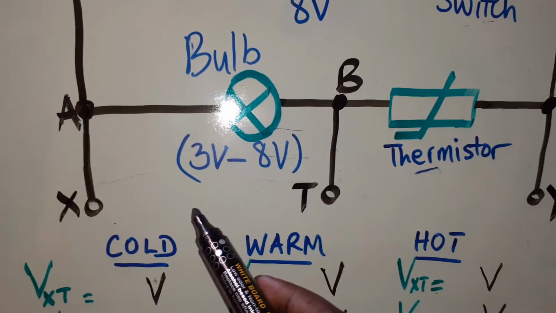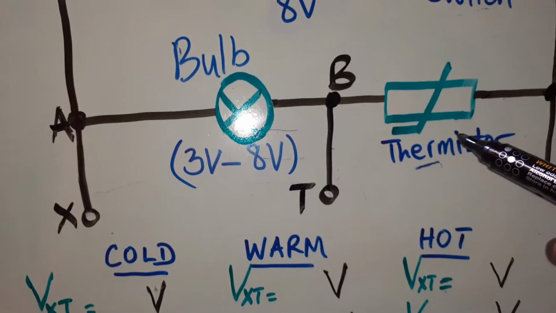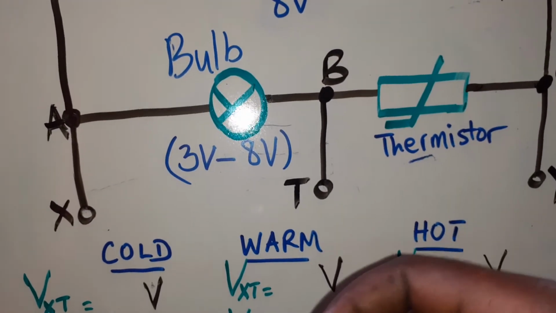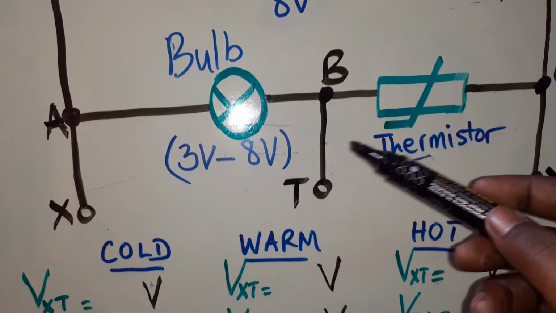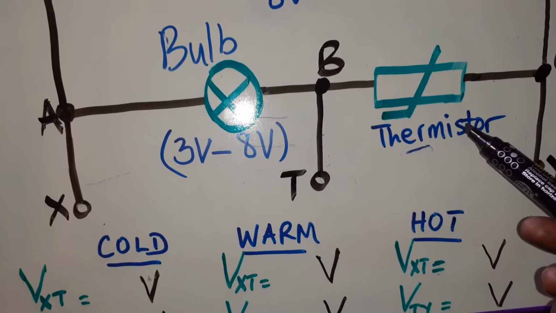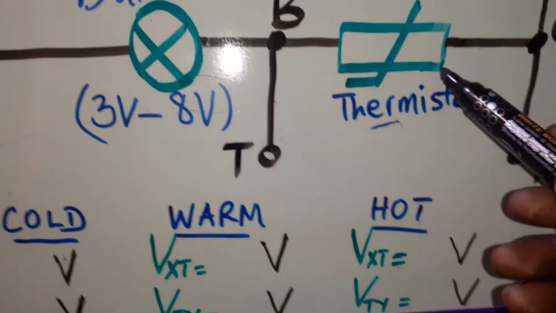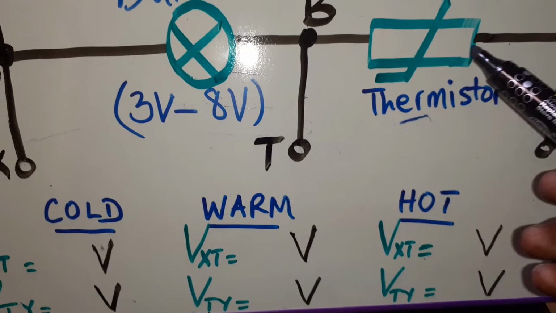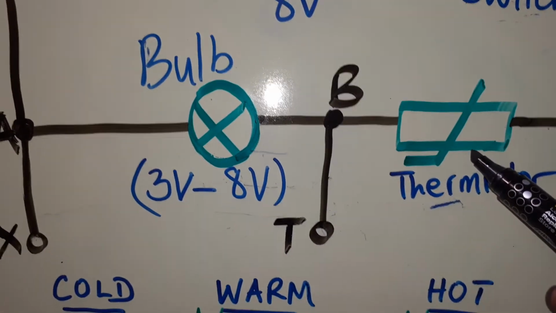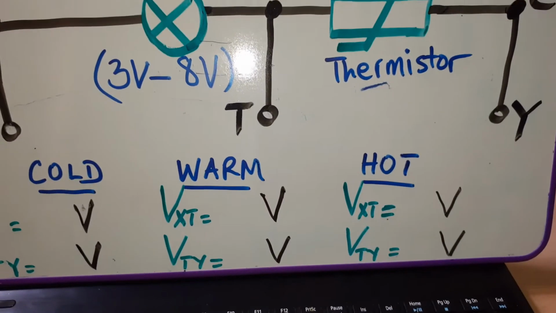So let us see what happens if we connect the circuit when the temperature is very low, that is, when it is cold. We want to see the effect of the coldness on the resistance of the thermistor. If you remember, at low temperatures the resistance of a thermistor is very high. So if the resistance of the thermistor is very high, it means that the voltage across TY will also be high.